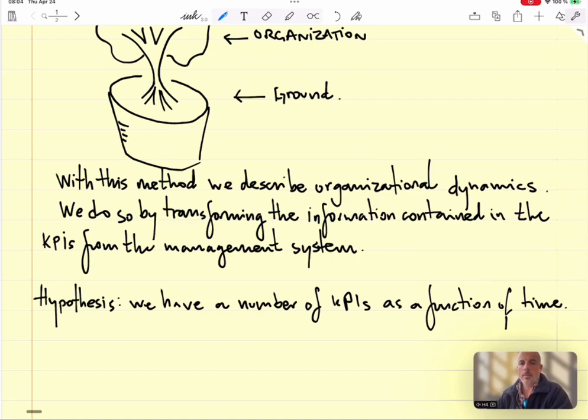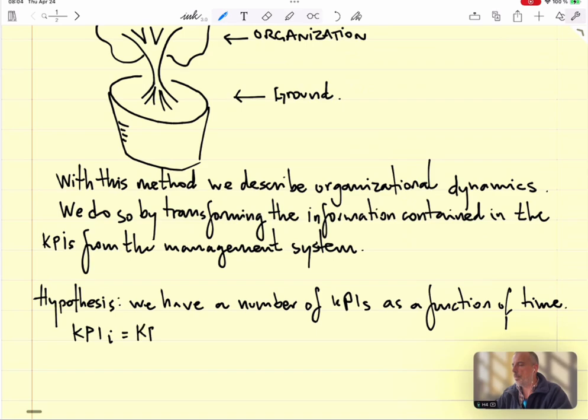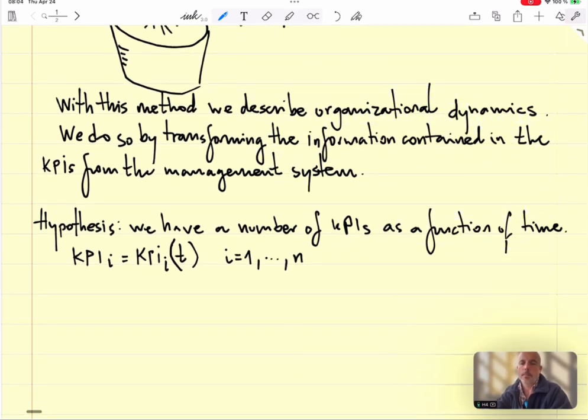Okay, so we have a list of KPIs as a function of time, where E is going from 1 to N, are the list of the KPIs, okay?